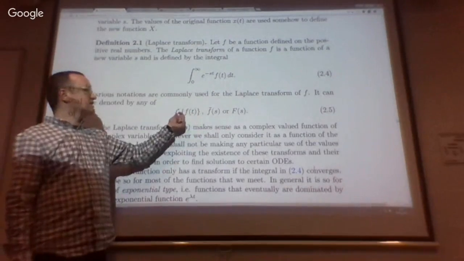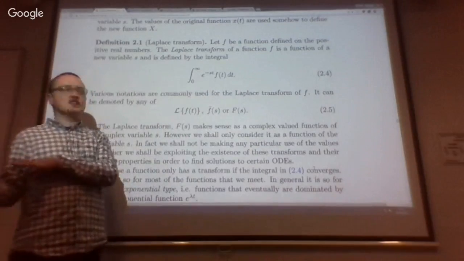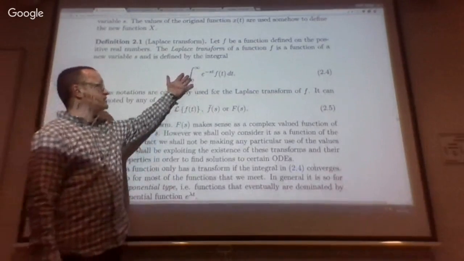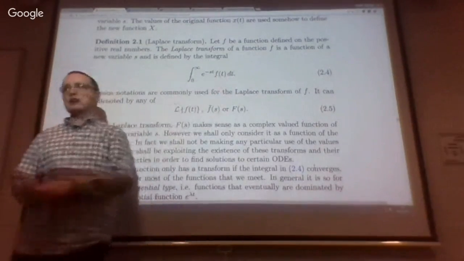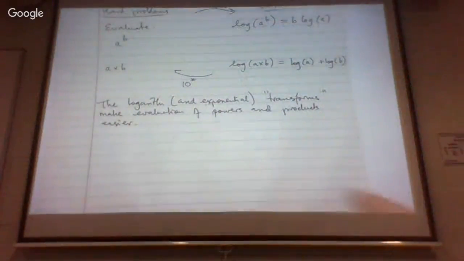L is an operator that you apply to the original function f to give you your new object. The operation you apply is you integrate the exponential multiplied by f. So this is a new object for us. It's a bit mysterious. We need to think about it carefully.